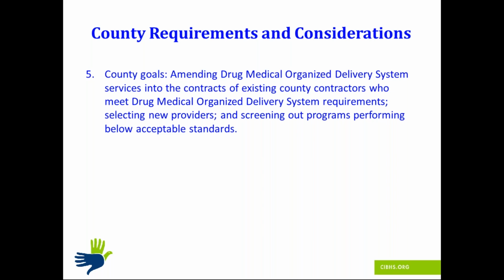If you have been, for example, contracting with the same organizations for many years and those are all excellent providers and you have no issues whatsoever with them continuing on, and it looks like they can handle the additional requirements of the ODS and they can handle the census requirements of the ODS, whatever your estimated census is going to be, that's fine. If you have providers that maybe you're not so clear that they are providing the services at the level that you would really like to see, you're not so clear that they're going to be able to step up to meet some of the newer requirements of the ODS, it might be this is an opportunity to go out to bid on all of those services.